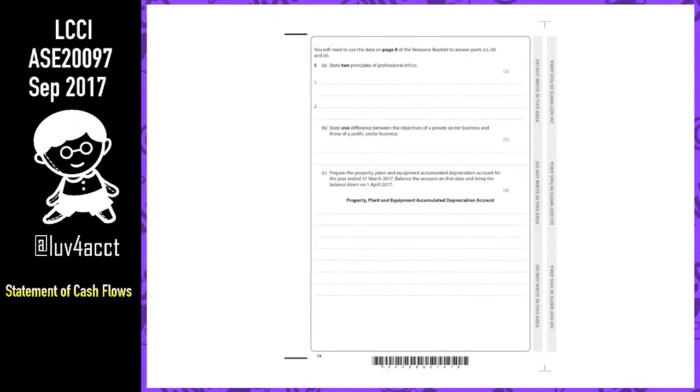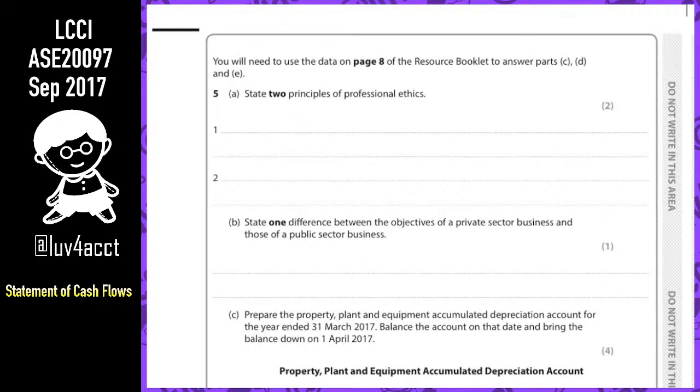You have to state two principles of professional ethics. Okay, again, objectivity, confidentiality. You still have others that you can state. State one difference between the objective of a private sector business and a public sector business.